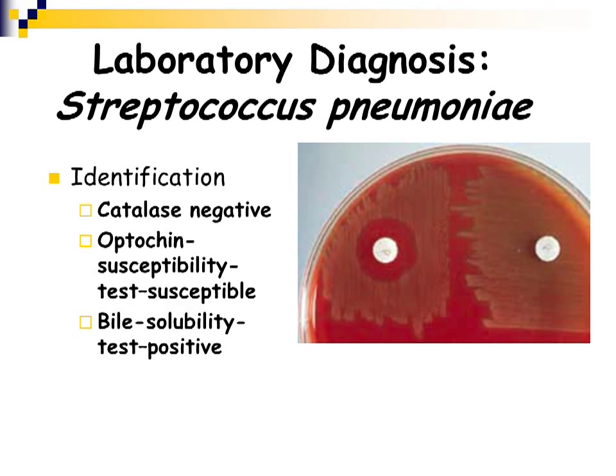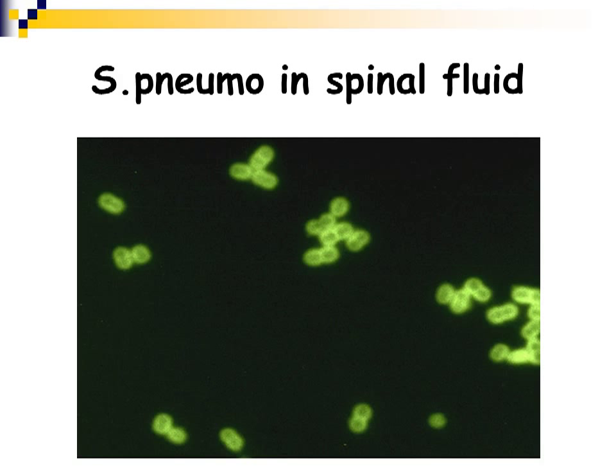It is bile soluble positive. This is a Streptococcus pneumoniae in a fluorescent stain from a spinal fluid, and you can really see in this stain that lancet kind of flattened shape of the Streptococcus pneumoniae in its pairs.